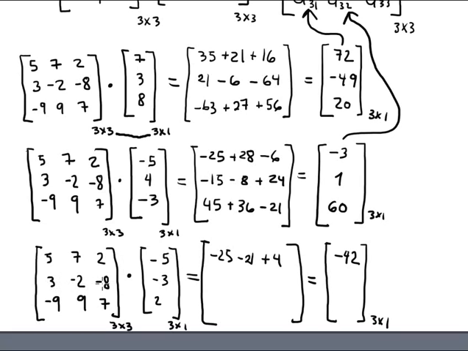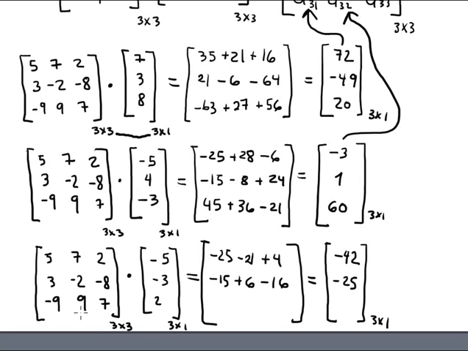Now multiplication, this times this is negative 15. Negative 15 plus 6, negative 2 times negative 3 is 6, and negative 8 times 2 is negative 16. And the answer here is negative 25.